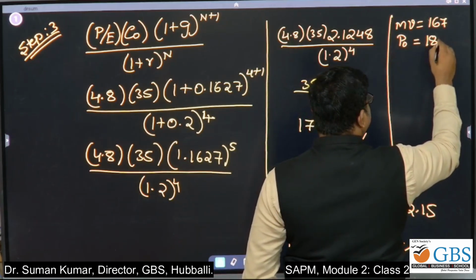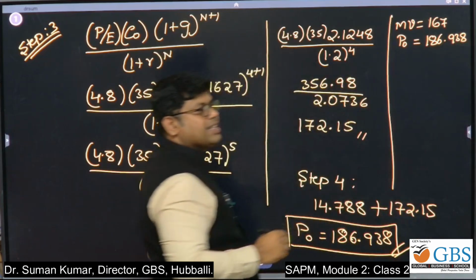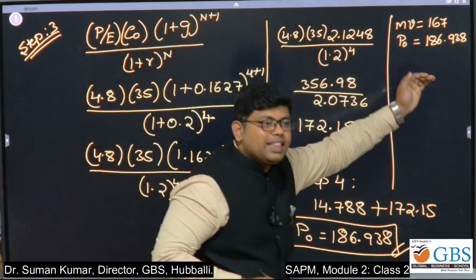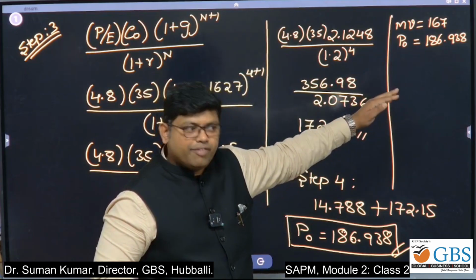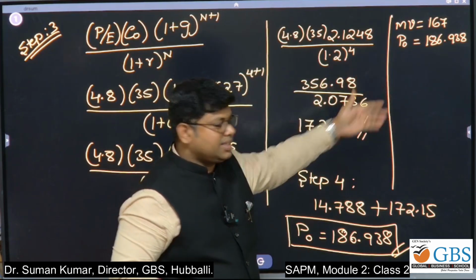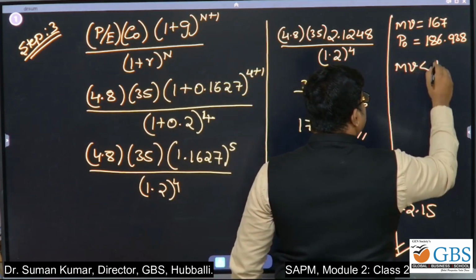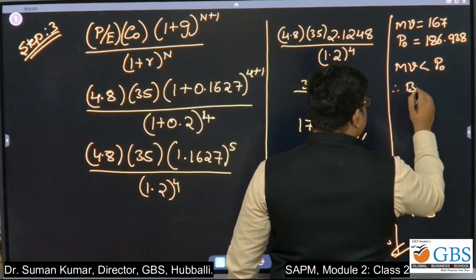Now 186.938. What should be our decision? If market price is less than the intrinsic value, present value, then we should buy it. Market value is less than P naught, therefore the strategy should be buy.